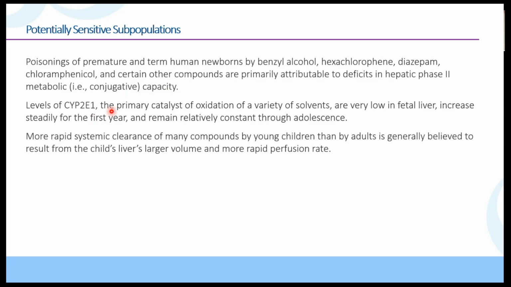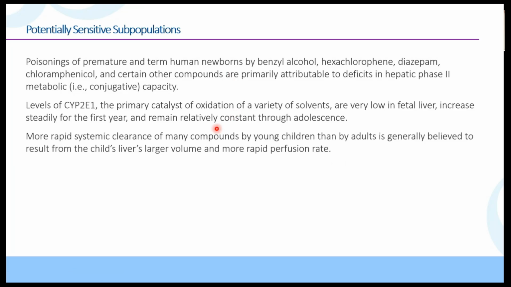Levels of CYP2E1, the primary catalyst of oxidation of a variety of solvents, are very low in fetal liver, increase steadily for the first year, and remain relatively constant through adolescence. More rapid systemic clearance of many compounds by young children than by adults is generally believed to result from the child's liver's larger volume and more rapid perfusion rate.